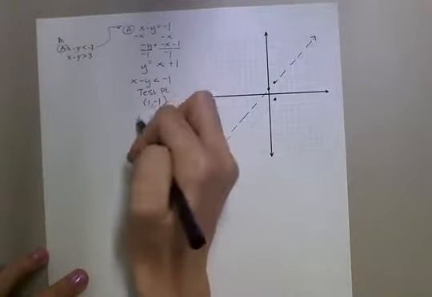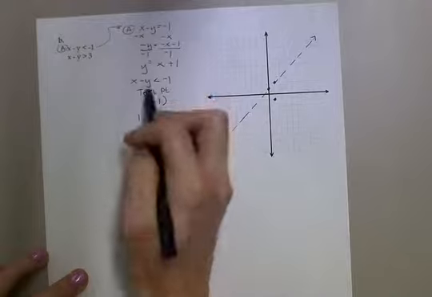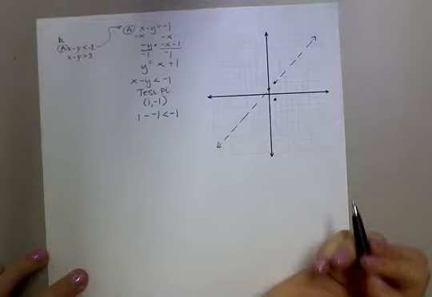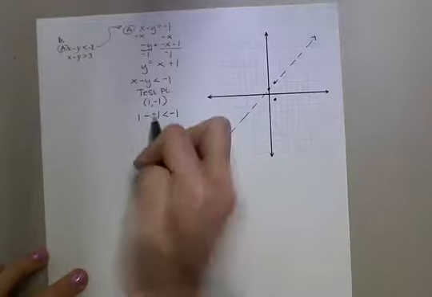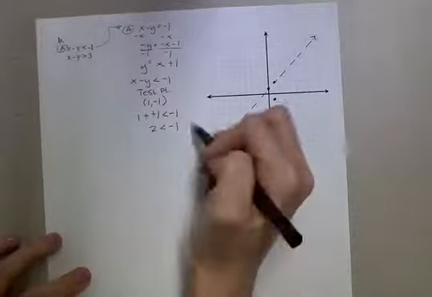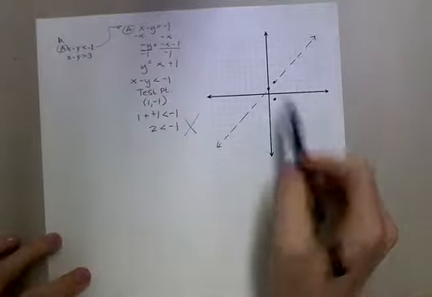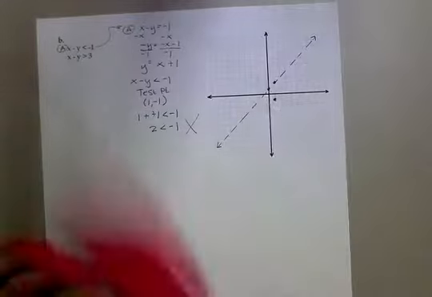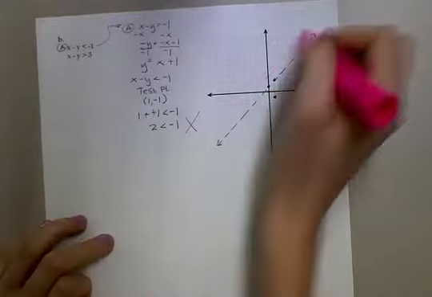So x is 1 minus y is -1 less than -1. So subtracting -1 is the same as adding 1, so 2 less than -1. Now that statement is not true. So we know we need to shade the other side of the line for our solutions to this first inequality.